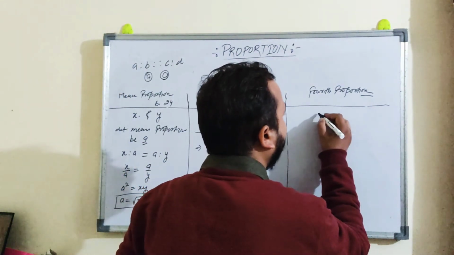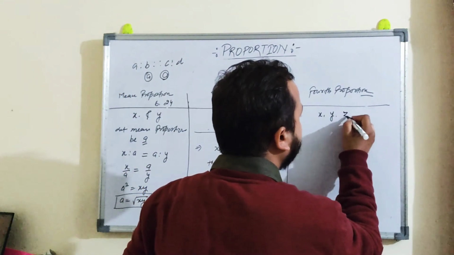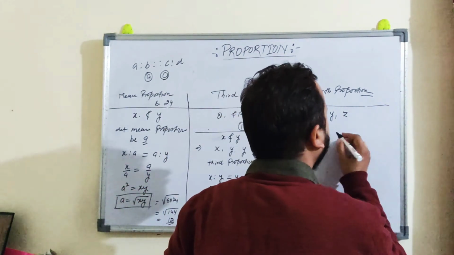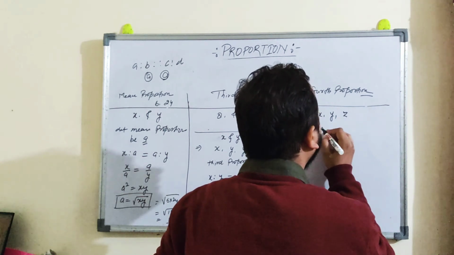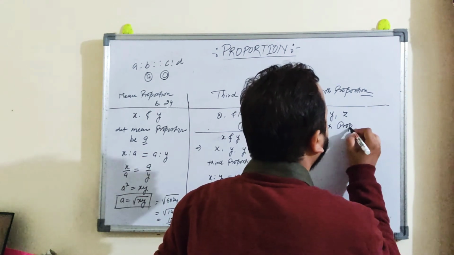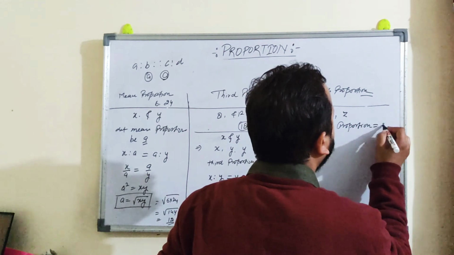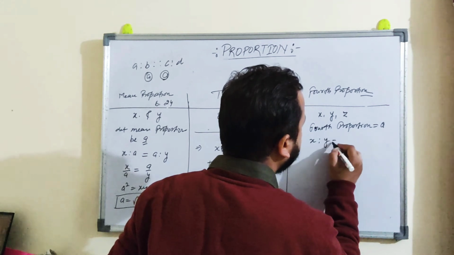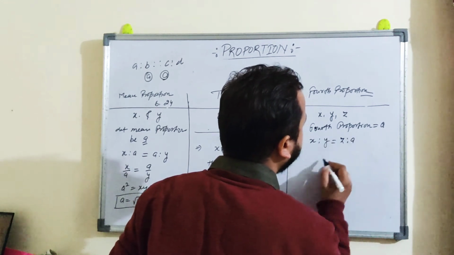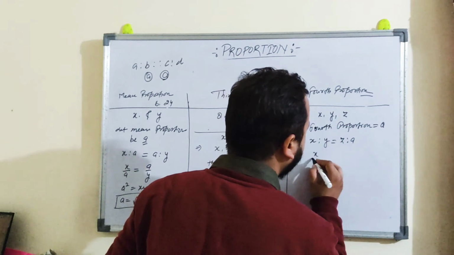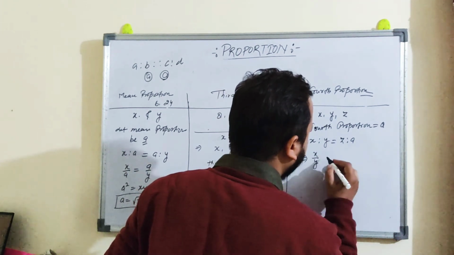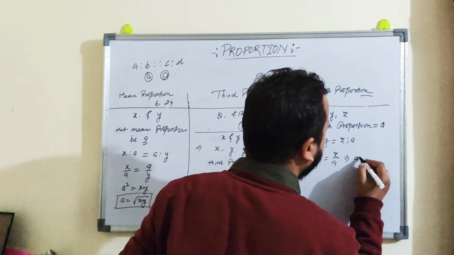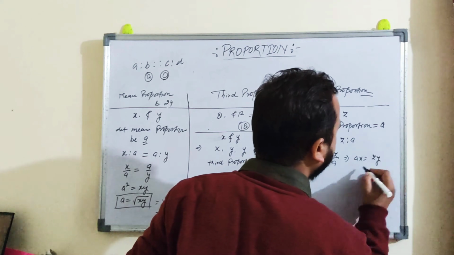So if x, y and z are given and they ask about the fourth proportion, let it be A. So you can write it as x is to y is equal to z is to A. x by y is equal to z by A, do the cross multiplication, you are left with ax is equal to zy.